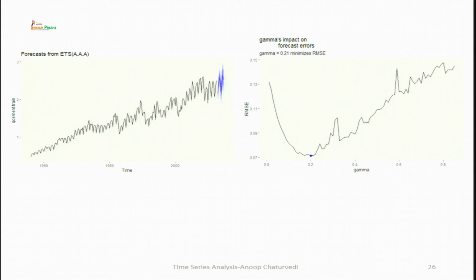Then we have used the Holt-Winters method and we get these forecasted values given in this region. Now, these forecasted values take care of the seasonality. So, that is why you are getting better forecasts.